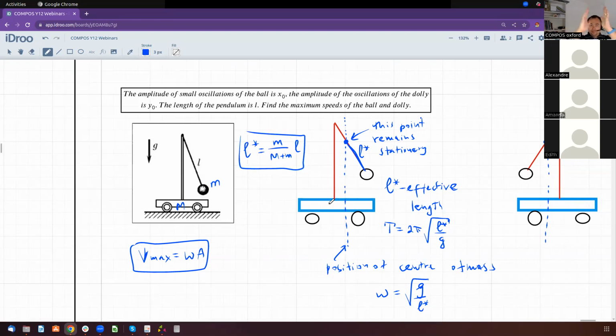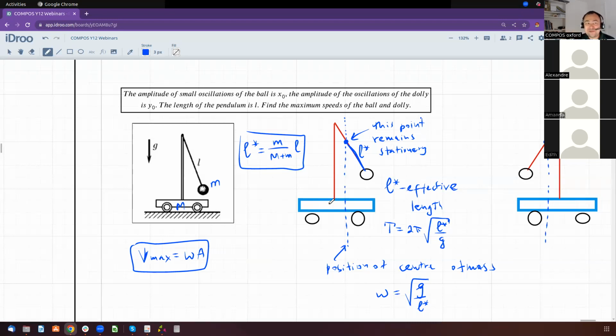So basically the dolly would move right and left, and the pendulum would go right and left, and they would go in opposite directions, in counter phase. But this point on the rope would remain stationary. If you take a video, the point remains stationary and they move to either side of it.